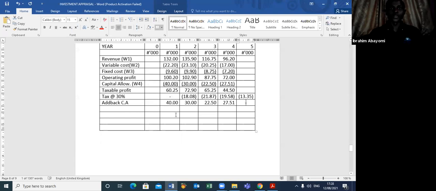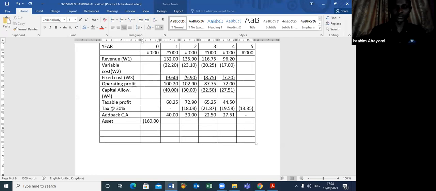Okay, so we've sorted our taxes. The next thing is to bring in the outlay assets. The asset we are told is going to be 160. Put the 160 there.